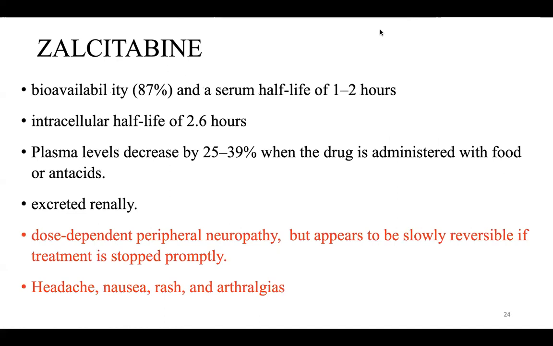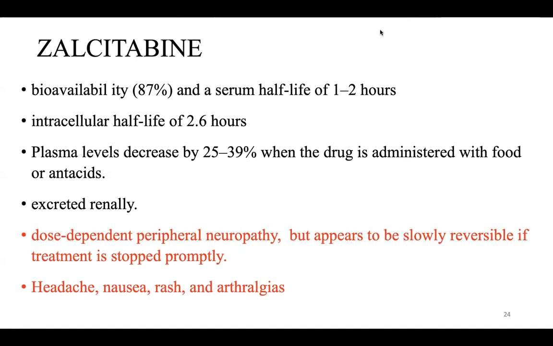Zalcitabine. It's a cytosine analog with high oral bioavailability, near 87%, and serum half-life of 1 to 2 hours. Intracellular half-life of 2.6 hours necessitates thrice daily dosing, which limits its usefulness. Plasma levels decrease by 25% when the drug is administered with food or antacids.